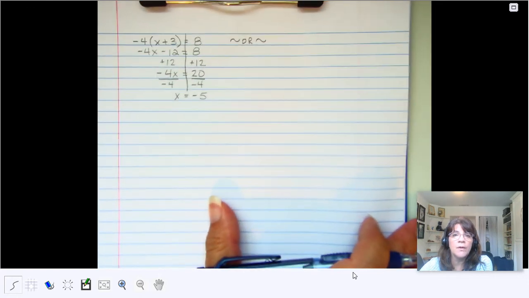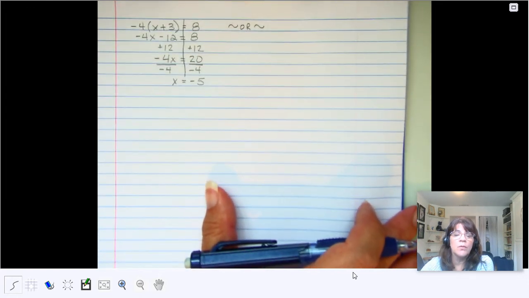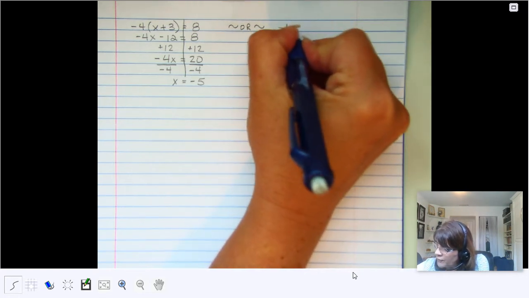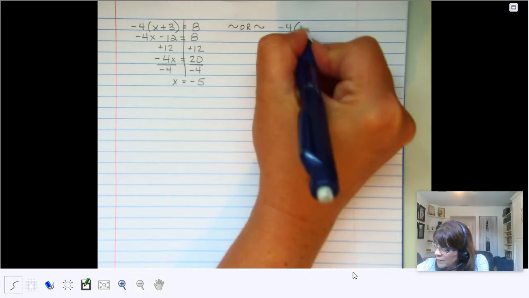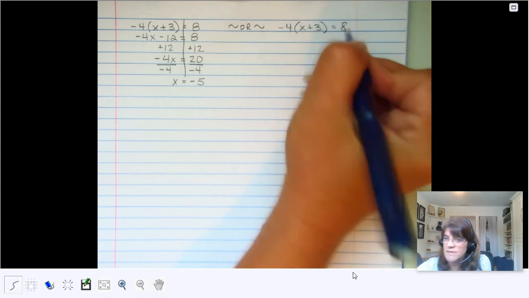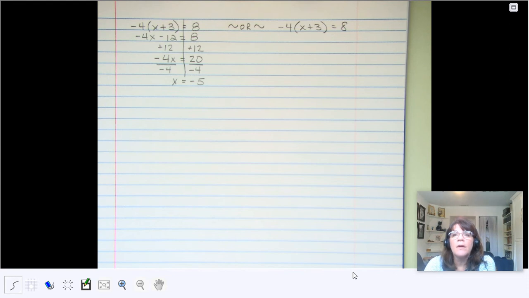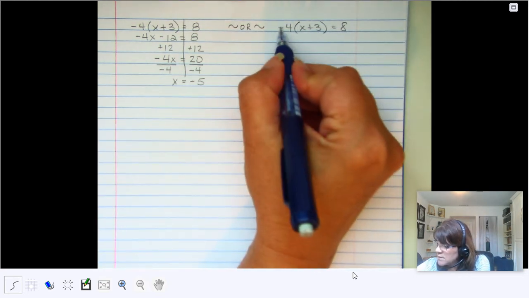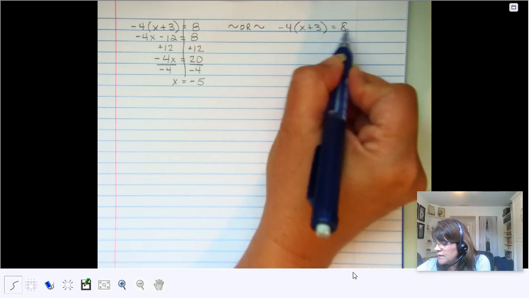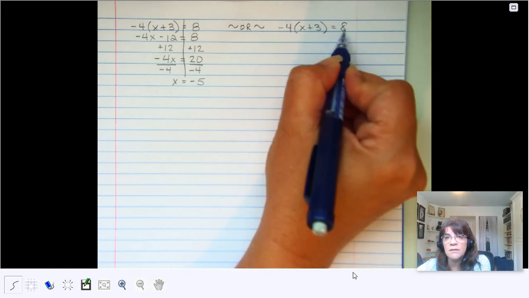And you're going to be able to choose when you do your homework. Negative 4 times the quantity x plus 3 is equal to 8. Same exact problem. I know that I need to isolate x. What I see here is that this factor is evenly divisible into this number.